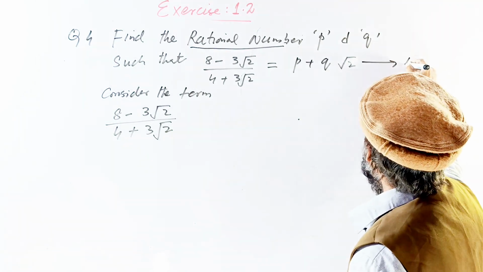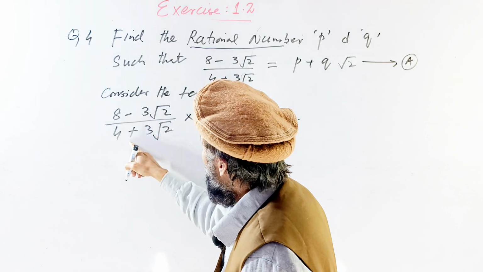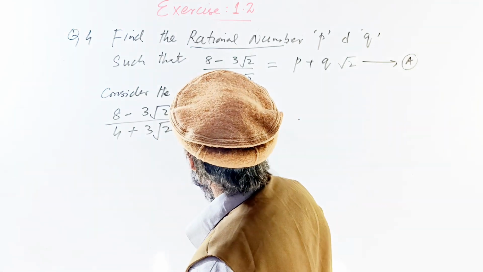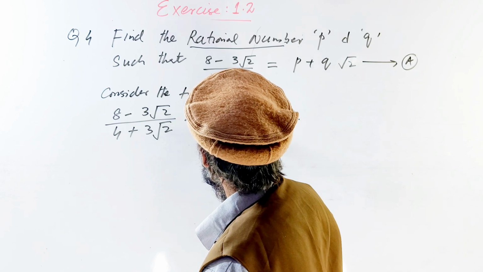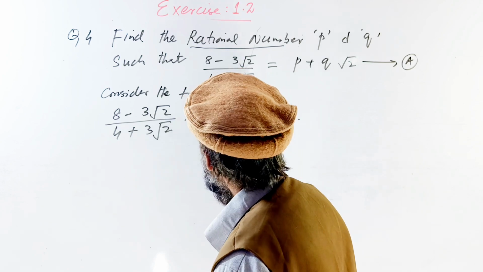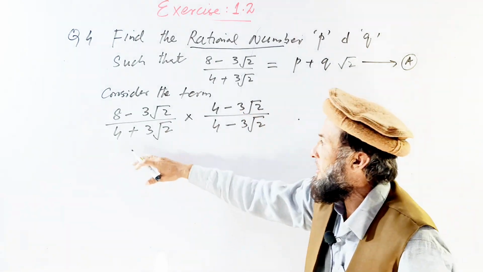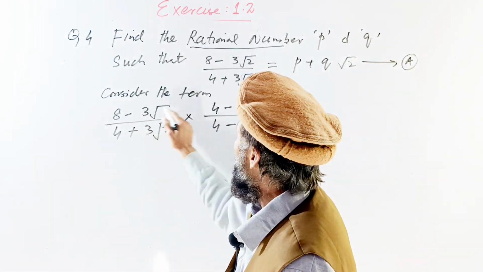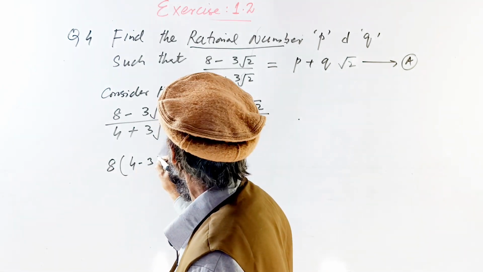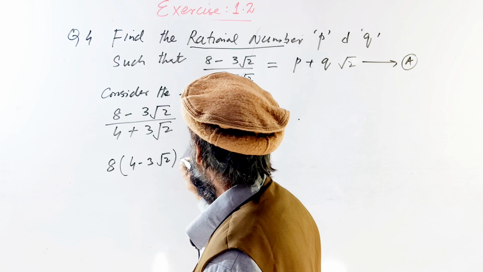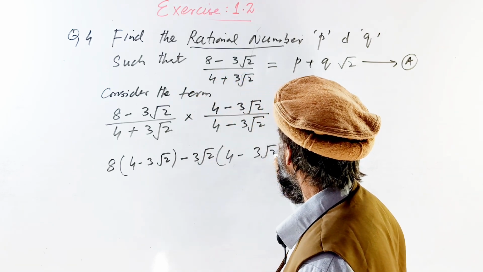We call this equation A. Now look here, we take the conjugate of this one, 4 minus 3 under the root 2, and multiply and divide by it. The numerators are also multiplied with each other: 8 into 4 minus 3 under the root 2, minus 3 under the root 2 into 4 minus 3 under the root 2.